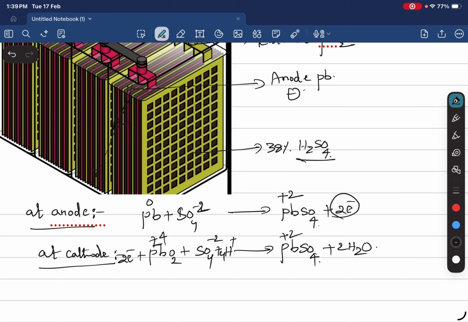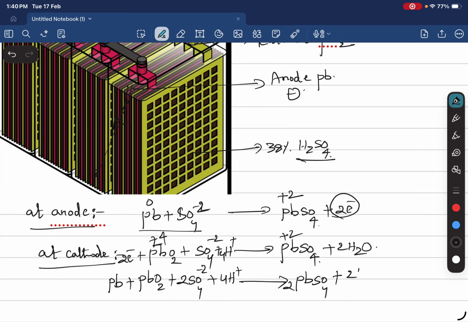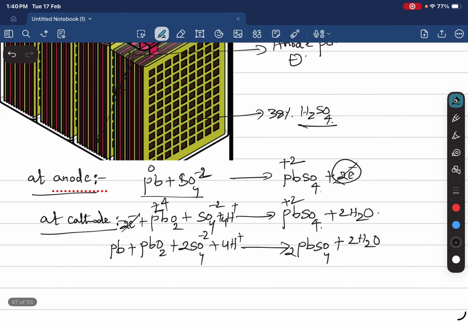You can add these two reactions. If you add them, Pb plus PbO2 plus 2SO4 2- plus 4H+, we are just adding the anode and cathode reactions and getting 2PbSO4 plus 2H2O, and the electrons will be cancelled like this.